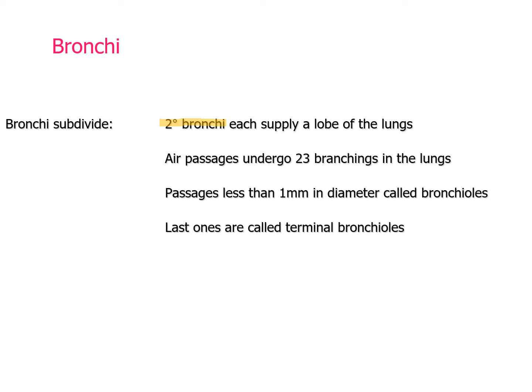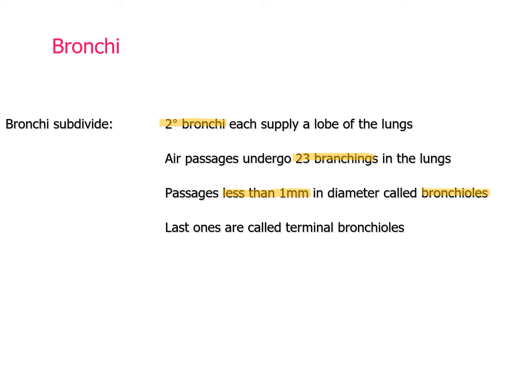Overall, you have 23 branchings. So with 23 pairs of doublings, you have a huge number of branchings in the lungs, and when they get as small as less than 1 millimeter in diameter, they're no longer called bronchi, they're called bronchioles.